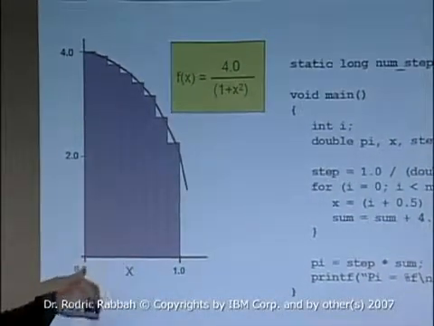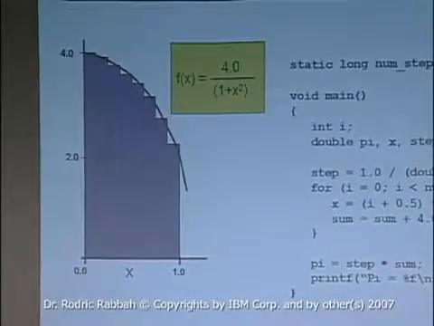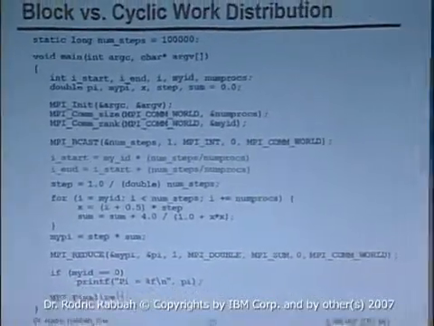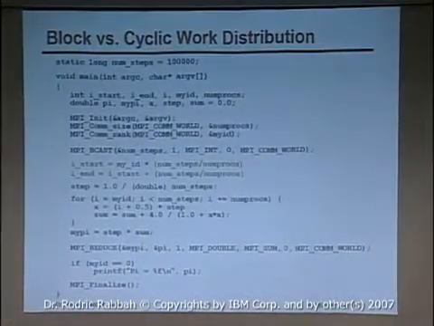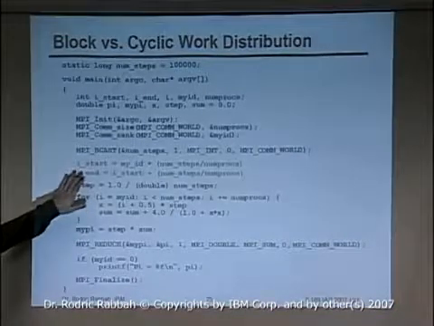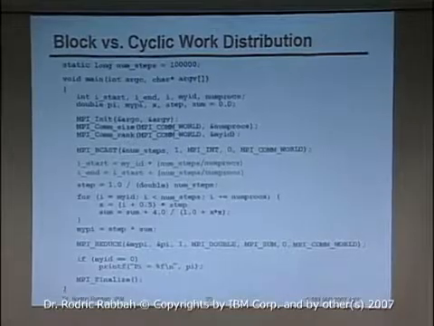So I start here and I go through to completion. I start here and go through to completion. In the cyclic distribution, I might do smaller slices of each one of those intervals. I grayed out the components for the block distribution, and just showed you that for contrast here.